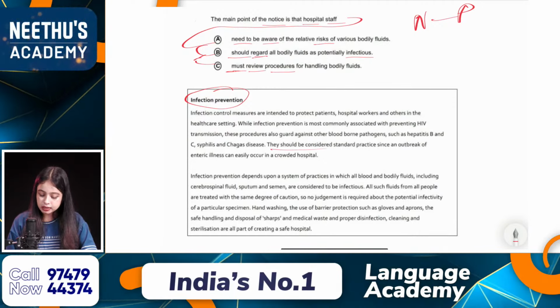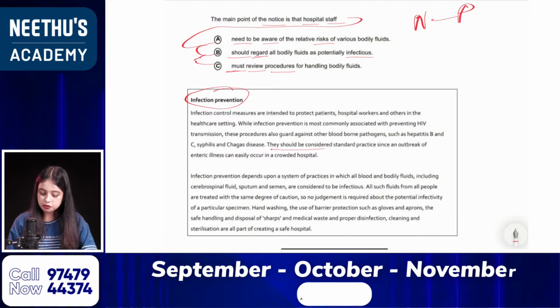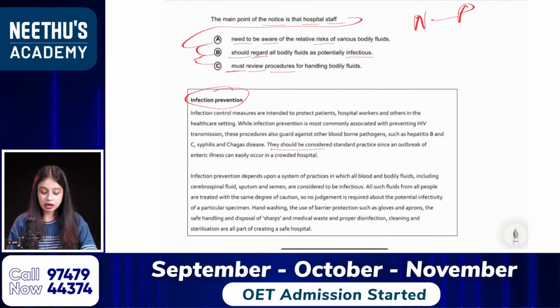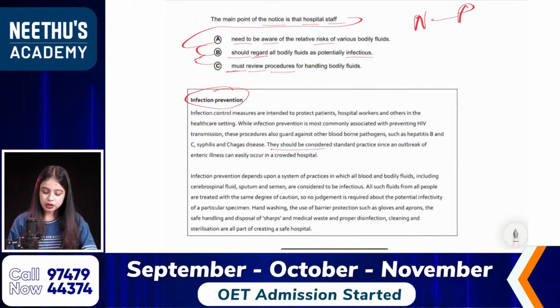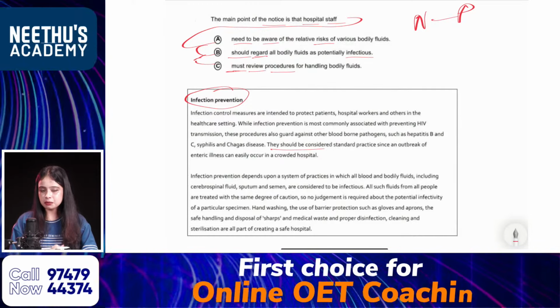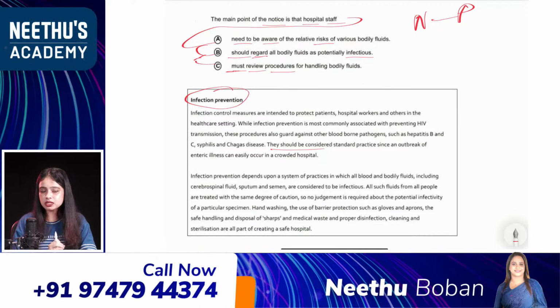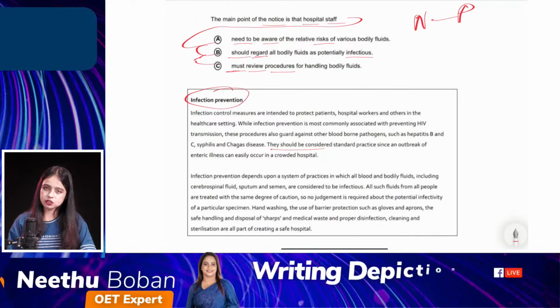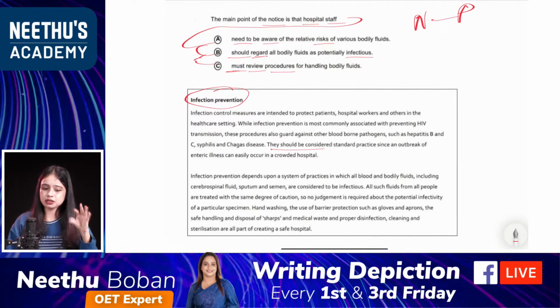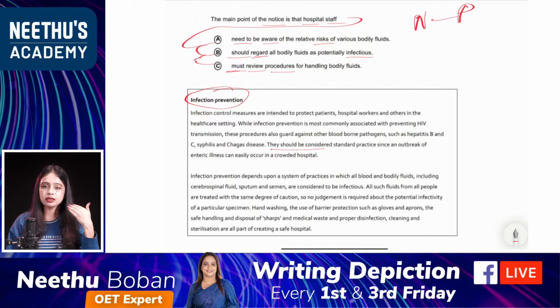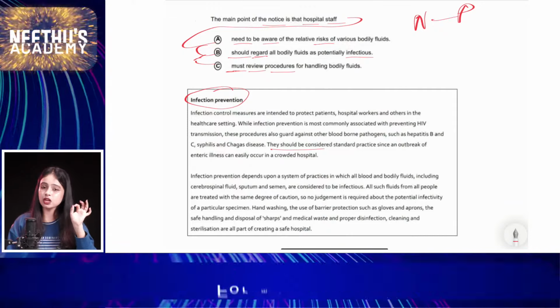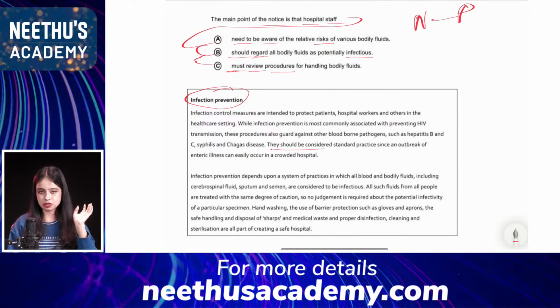They should be considered standard practice since an outbreak of endemic illness can easily occur in a crowded hospital. Any of the options can be eliminated from the first para. In part B, I would suggest this method: read the question, read the options, underline the keywords. Then when you read the paragraph itself, along with that you can eliminate options.